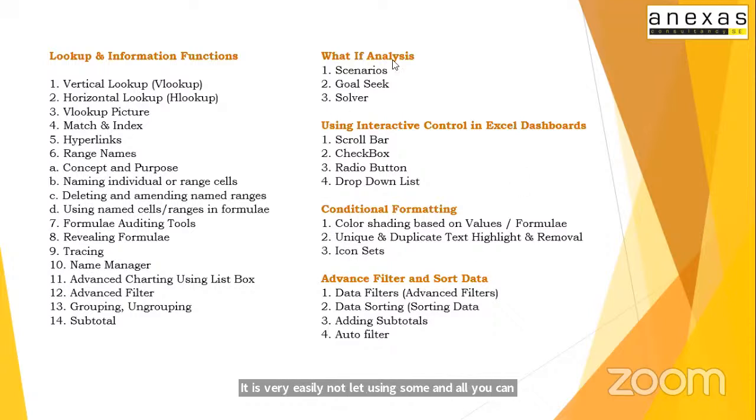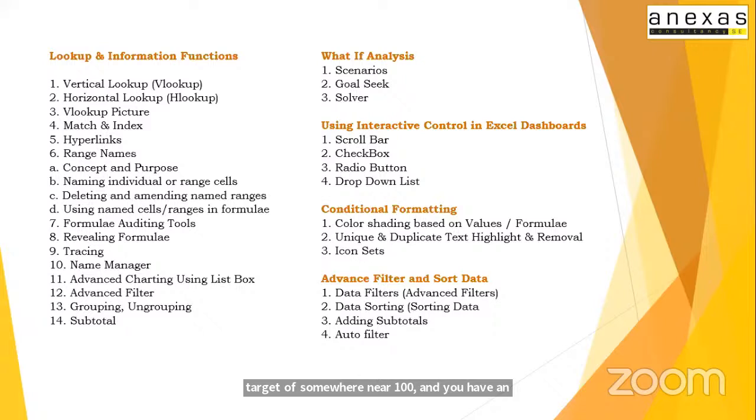You have an analysis part here in Excel also, that is what-if analysis, where you can just get the answers which you want, selecting the previous rough data. For example, if you are a salesperson, you have a target of somewhere near 100, and you have an incentive that you get at 80%.